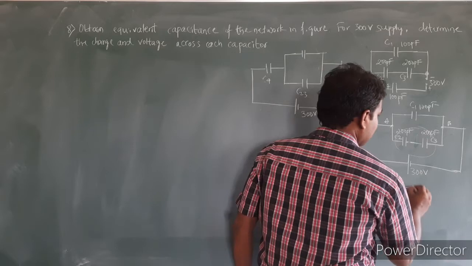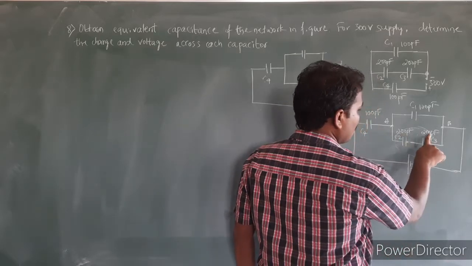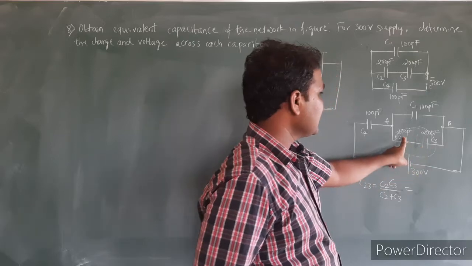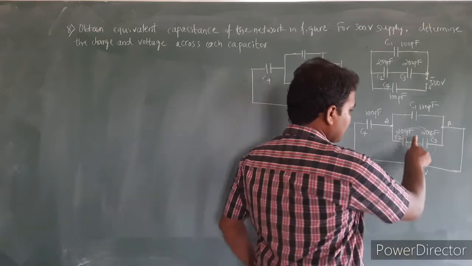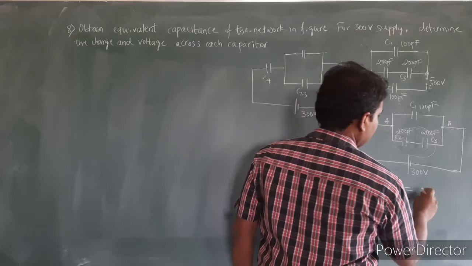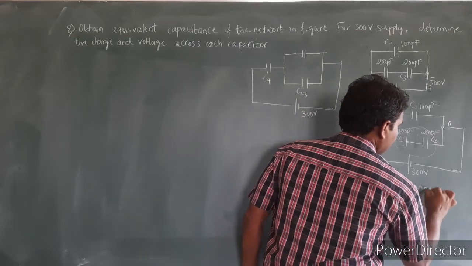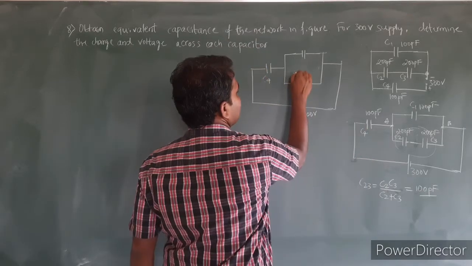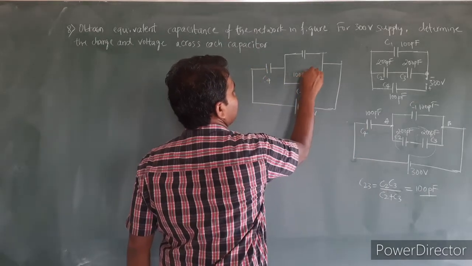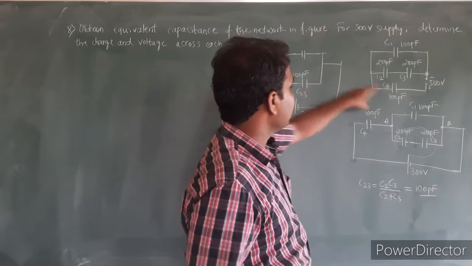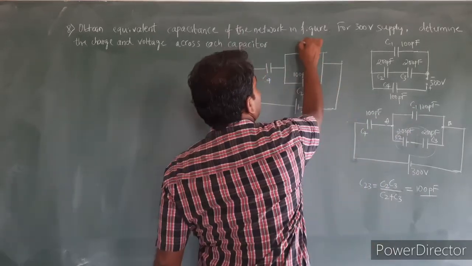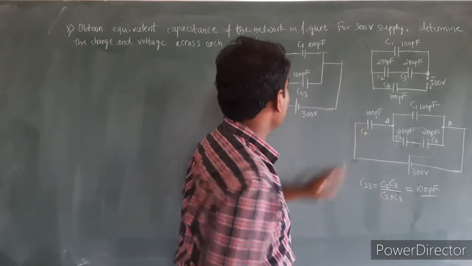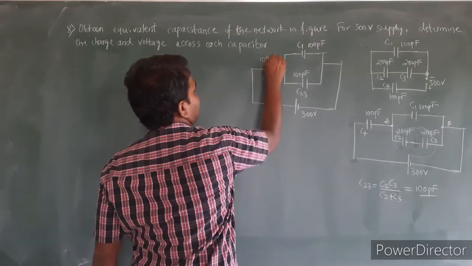Substituting, I get 200 into 200 picofarad divided by 200 plus 200, so 40,000 divided by 400, which is 100 picofarad. So C23 is 100 picofarad. From the given data, C1 is also 100 picofarad, and C4 is equal to 100 picofarad.